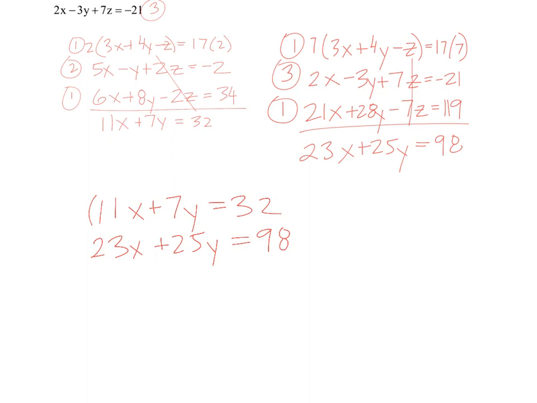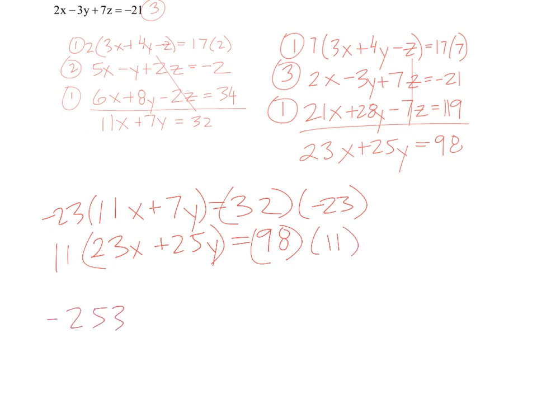So I'll multiply the top by negative 23, and the bottom by 11. And I end up with negative 253x minus 161y is equal to negative 736.